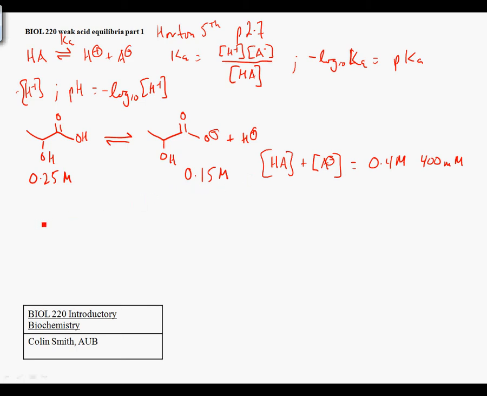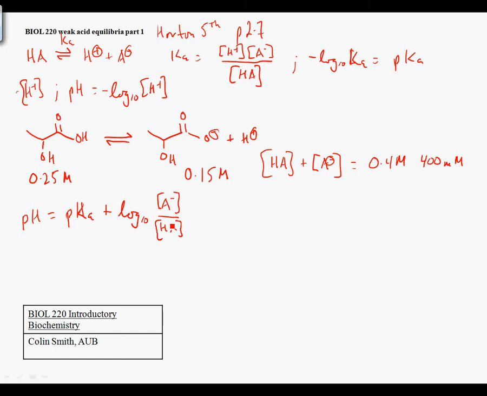The second part of the question is, what is the pH? Well, we know the Henderson-Hasselbalch equation, and this is pH, that is what we're interested in, what's the concentration of hydrogen ion, is equal to the pKa plus log base 10 of the conjugate base, that is the ionized form, divided by the concentration of the unionized form, the acid.